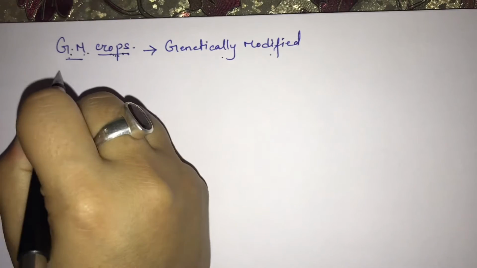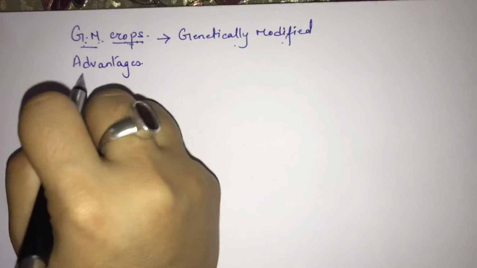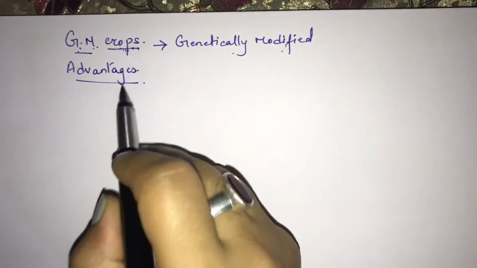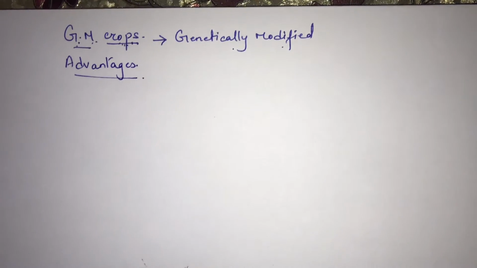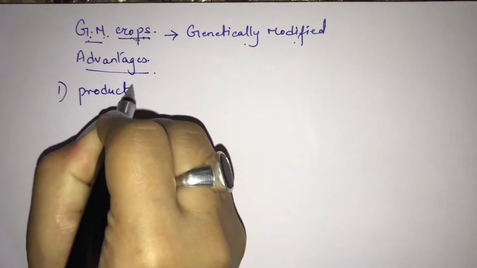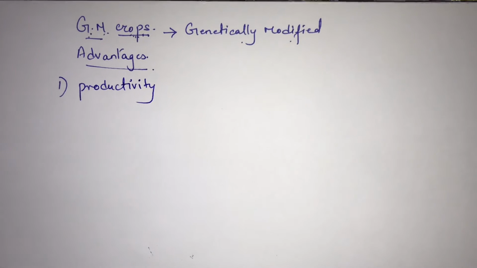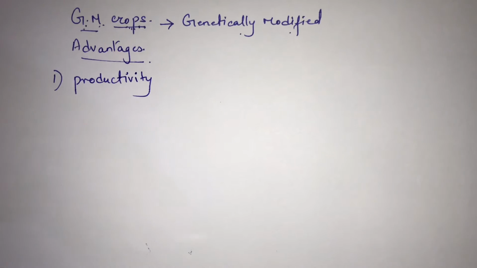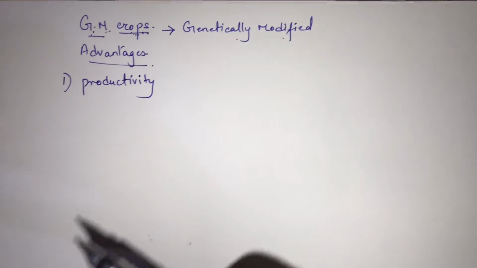When we talk about the advantages, there are several, because GM means genetically modified crop. Number one is productivity. It increases the productivity by showing resistance to pathogens, that is, the organisms that cause diseases, the insect, pest or microorganism.